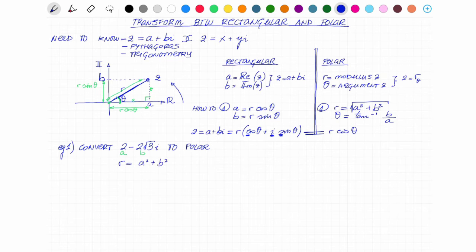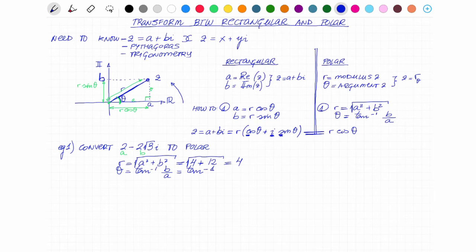So the modulus is the square root of A squared plus B squared. So in our case, the square root of A, that's a 2, squared, plus B, which is 2 square root of 3, squared, the square root of that is 4. And theta is the inverse of the tangent of B over A.